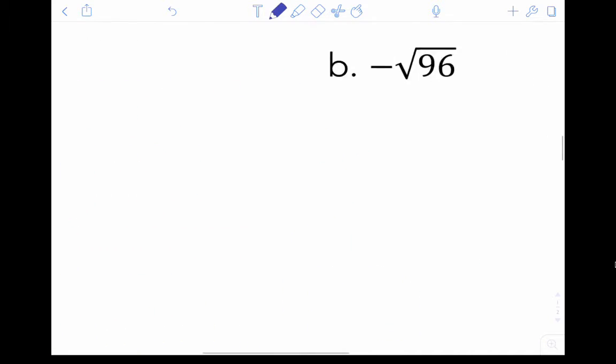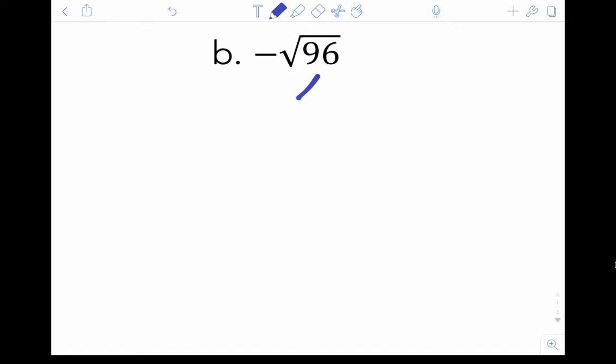Going on to the next problem. Negative square root of 96. My first thing that I'm going to do is my factor tree. I have a couple options here. I know that 12 times 8 is 96, so I'm going to do that one. Working left to right, I know 12 is 2 times 6. 2 is done.